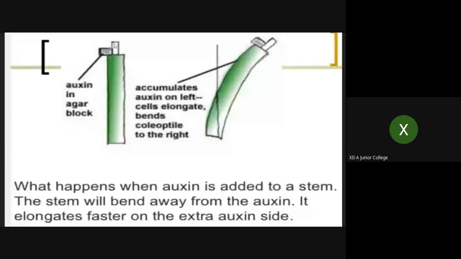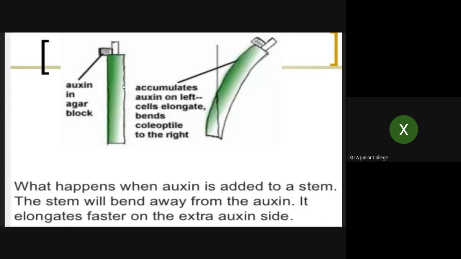You can see in this diagram, the coleoptile tip which was removed was placed on the agar block, and that agar block was kept asymmetrically. That means it is not completely placed at the center, but at one side of the stem.